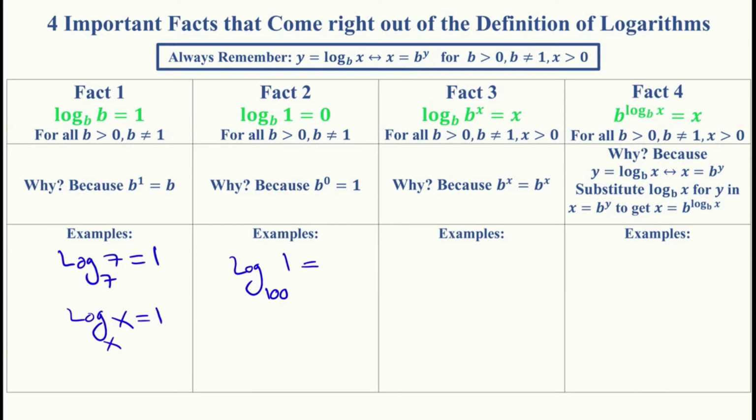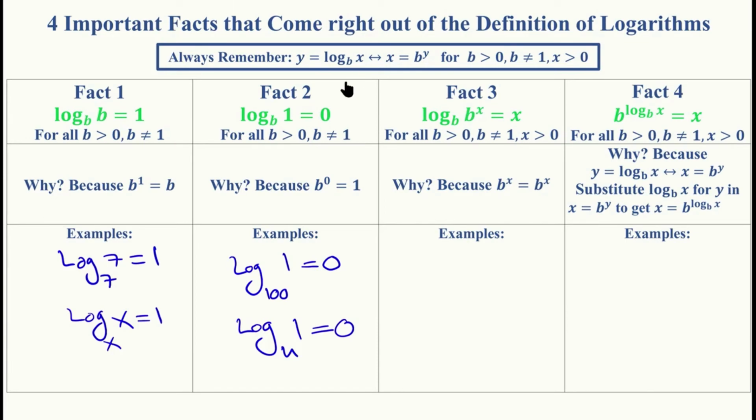You basically need to know the exponent you need to raise 100 to in order to get 1, and that exponent is going to be 0. And if we take log base u of 1, it doesn't matter what u is. As long as it's a legal value, you know it's going to be 0 as well.